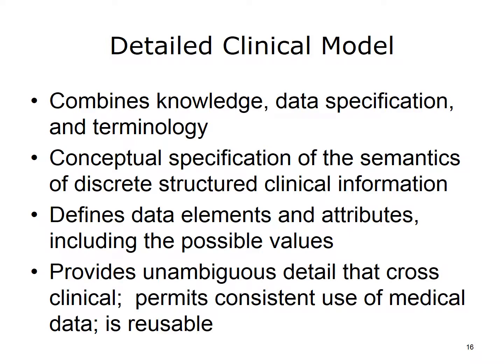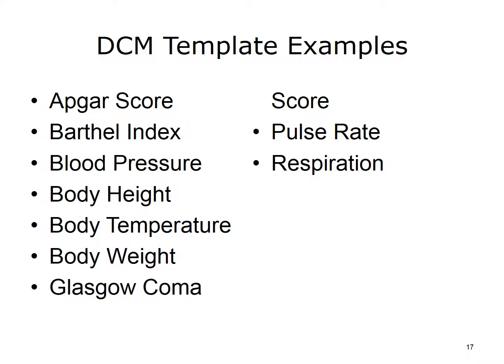DCM provides unambiguous detail, which is intended to be cross-domain and cross-discipline, and standardized and reusable over domains, purposes, standards, and implementations. DCM is now being harmonized across ISO and HL7. Slide 17. This slide illustrates some of the DCMs that currently have been defined.